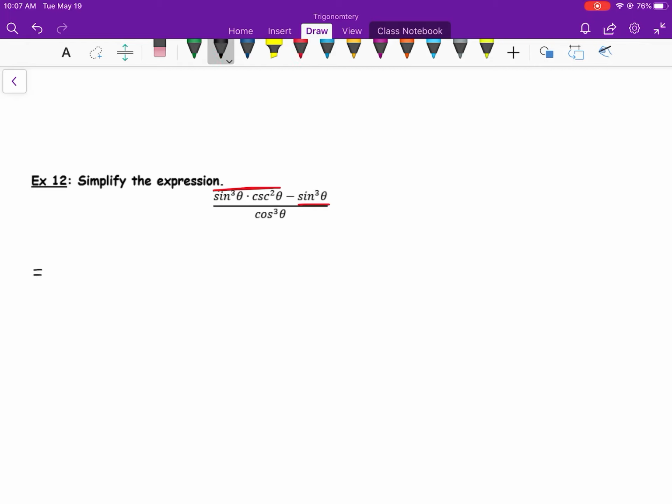So let's factor out sine cubed. So I get sine cubed of theta over cosecant squared of theta minus 1, all divided by cosine cubed of theta. Okay.